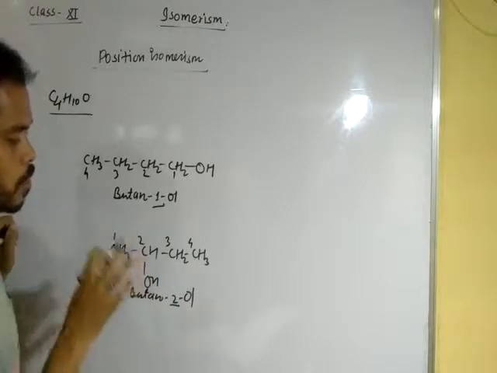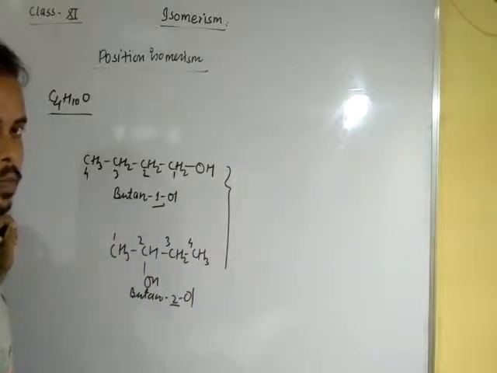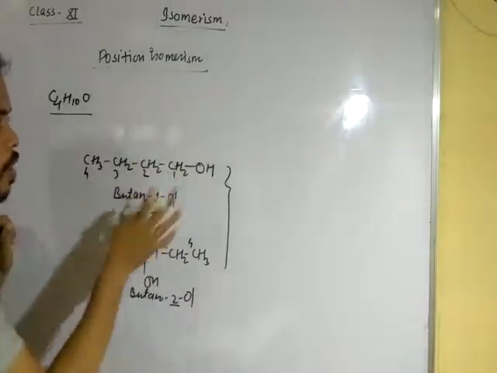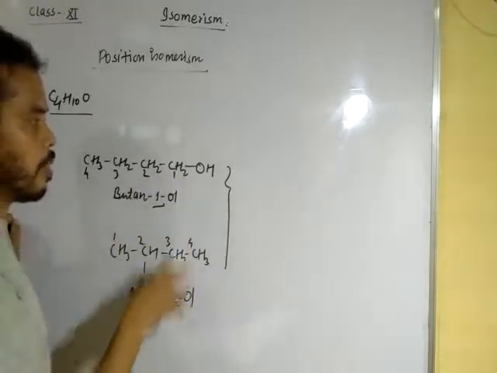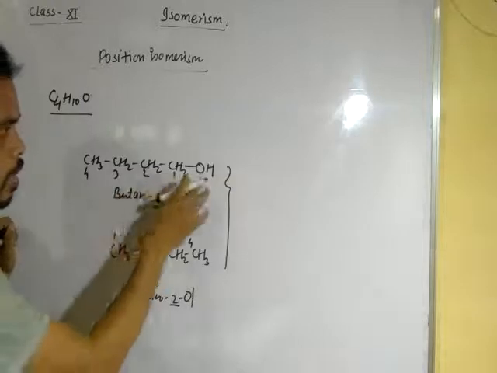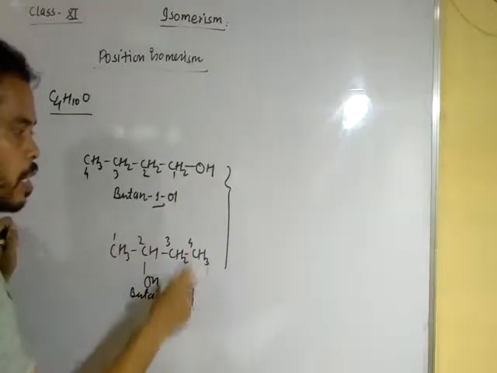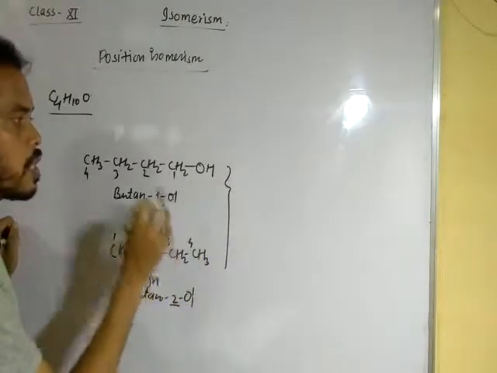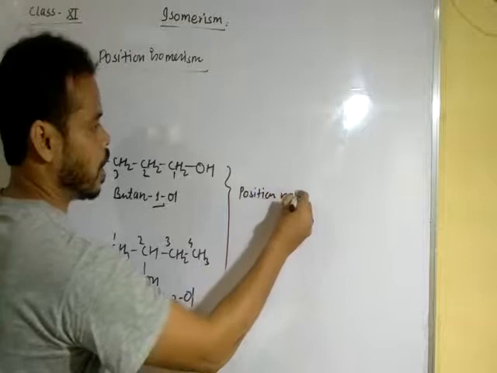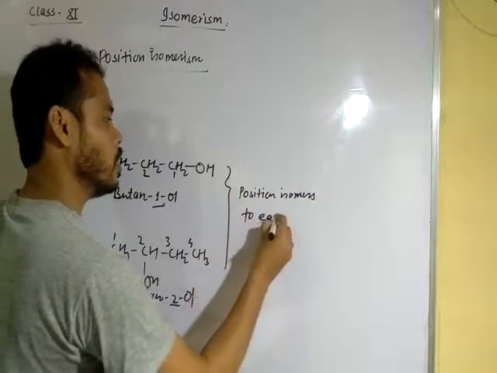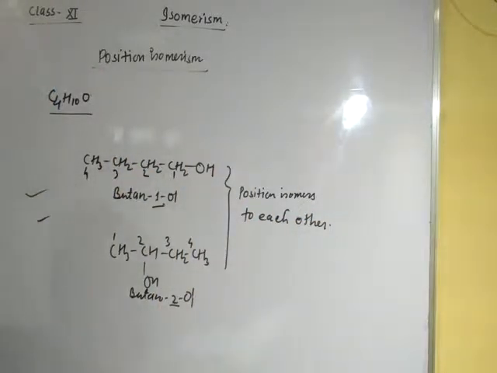Due to the change of position of the functional group, this phenomenon is called position isomerism, and the compounds obtained, butan-1-ol and butan-2-ol, are position isomers of each other. Okay, these are the position isomers.